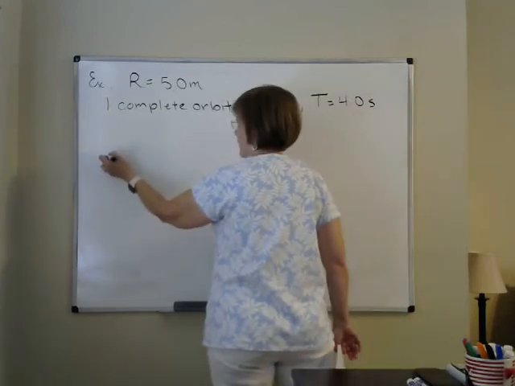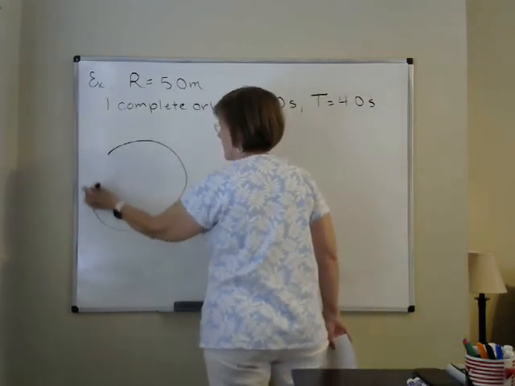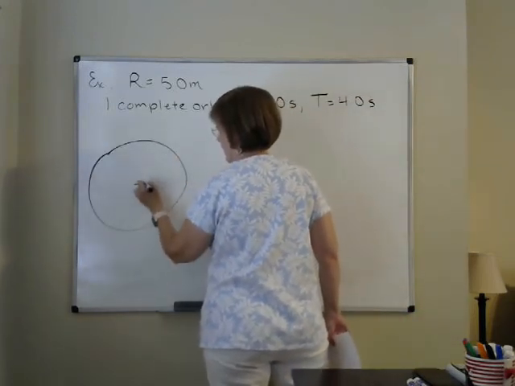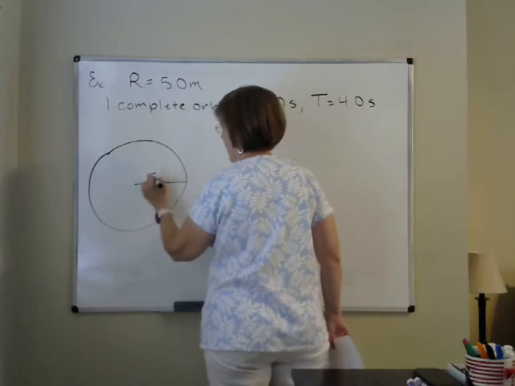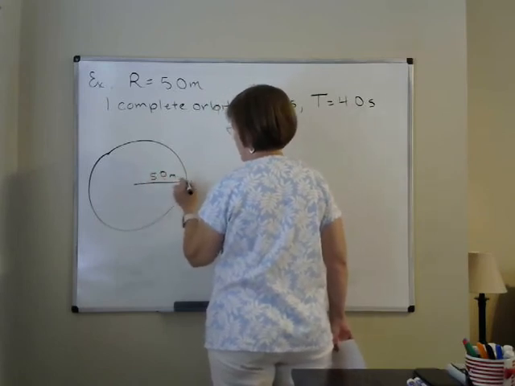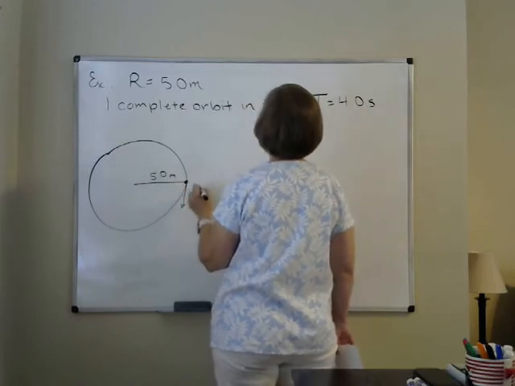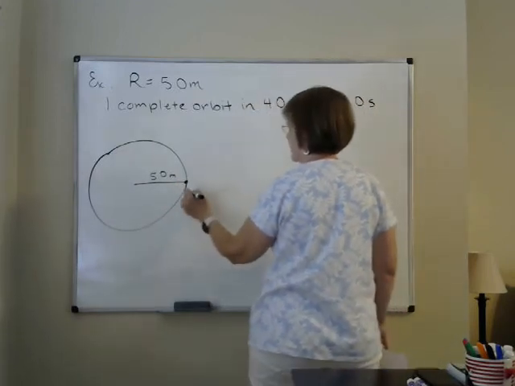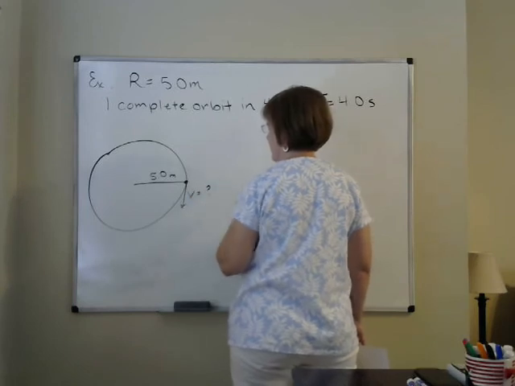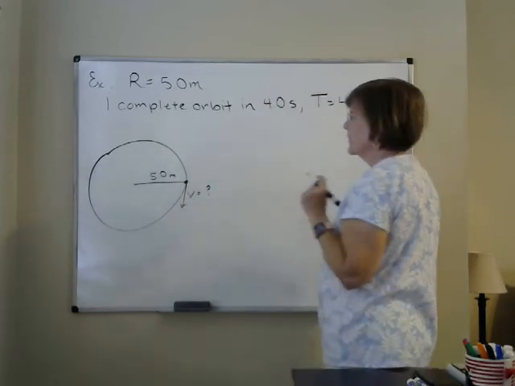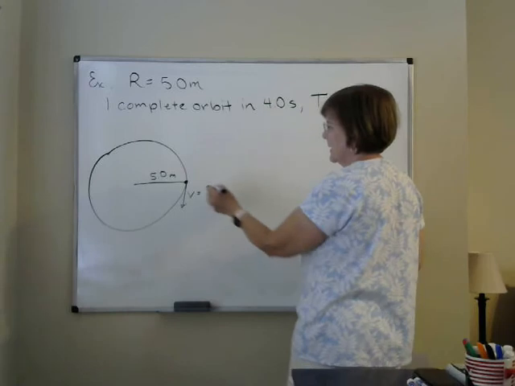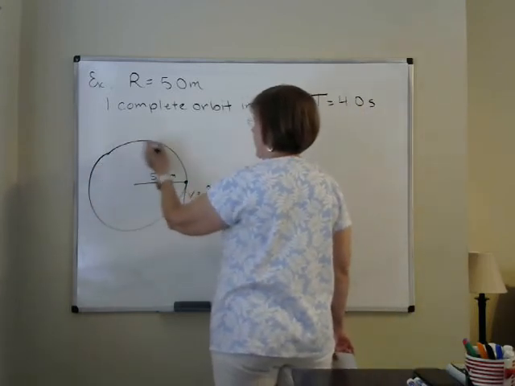Draw a picture. Can't hurt. So we have a radius that's 5.0 meters. We have a speed; we don't know it. We have the period. We know that it takes 4 seconds to go all the way around.